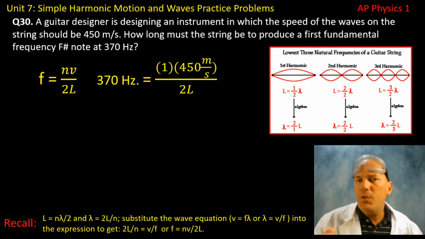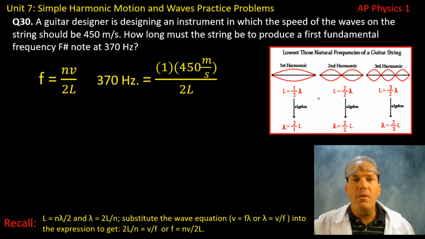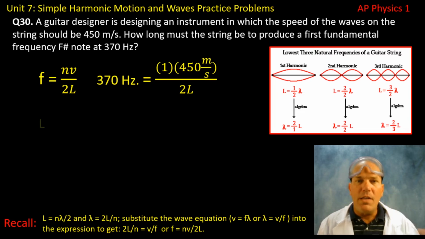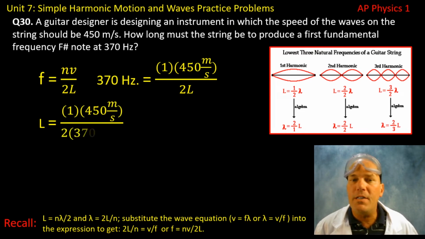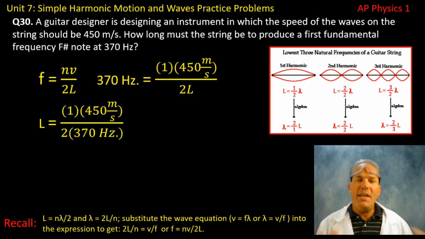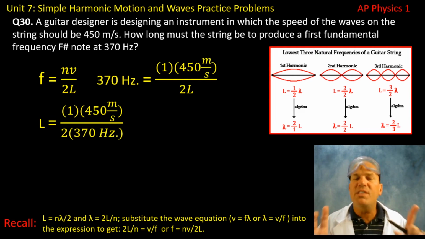And that 2L comes from this basic property that we've already discussed in preceding problems. So now you simply need to rearrange this equation algebraically to solve for the length of the string that would satisfy these requirements of having a velocity of 450 meters per second at a frequency of 370 hertz.